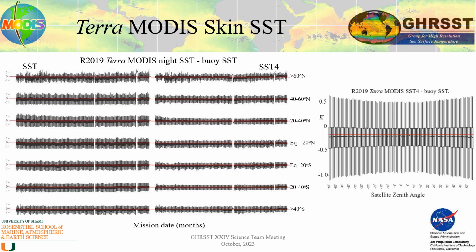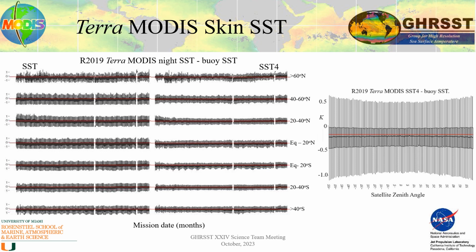The data are very, very consistent over the 20 years of the mission. The scatter in the SST4 is noticeably smaller than for the NL-SST. The right-hand panel shows the box whisker plots for the SST4 retrieval discrepancies as a function of satellite zenith angle.